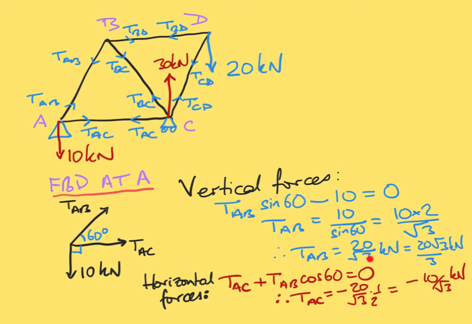We just substitute this number in, we rearrange, and we obtain that TAC is minus 10 over root 3 kilonewtons, where I've used that the cosine of 60 is a half. So now we know these two tensions, and we know that this member is in compression and this member is in tension. Let's move on to another joint.